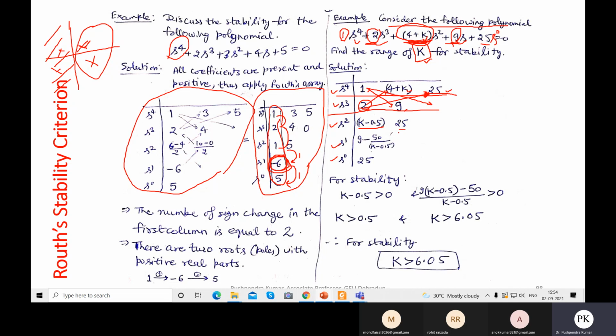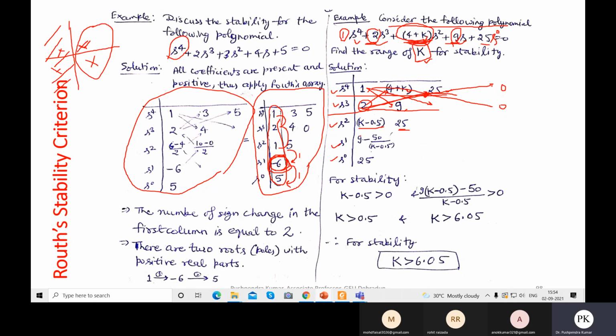So 50 divided by 2 is 25. Further we cannot go because there is no term here, so it is 0, and for 1 also there is no term, so it will be 0. So we have only two terms.